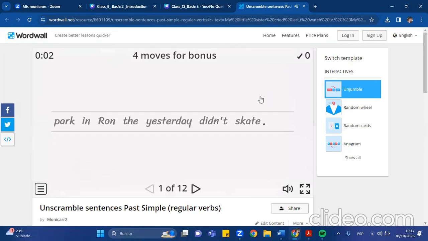Okay, so please tell me what's the correct order? What I need at the beginning.